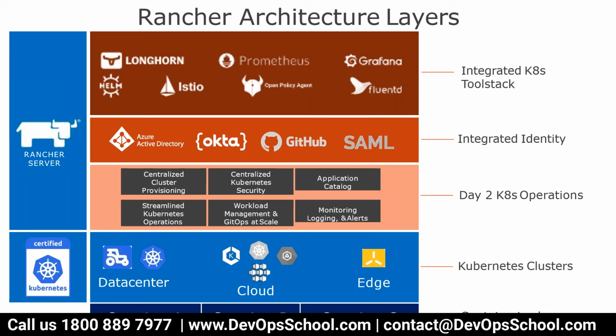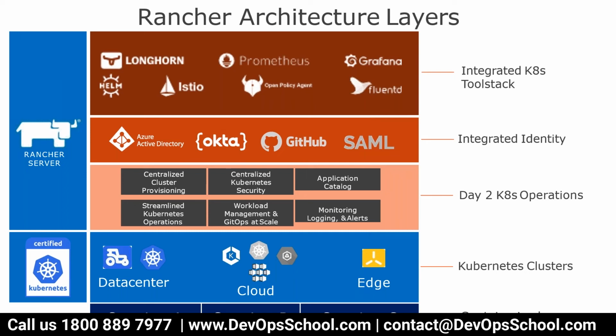So you have a Kubernetes. This Kubernetes can be installed anywhere, whichever you feel like. You can keep it in your cloud, data centers, edge, anywhere you want. And Kubernetes is powered by containers, you know that. On top of that, we install the Rancher server components.